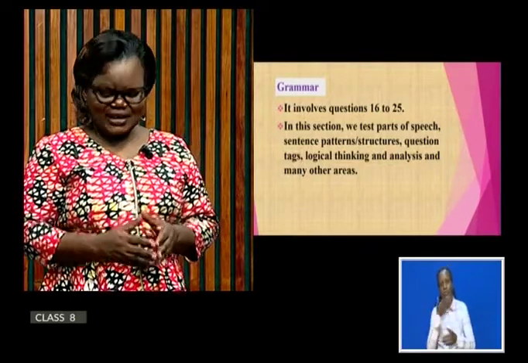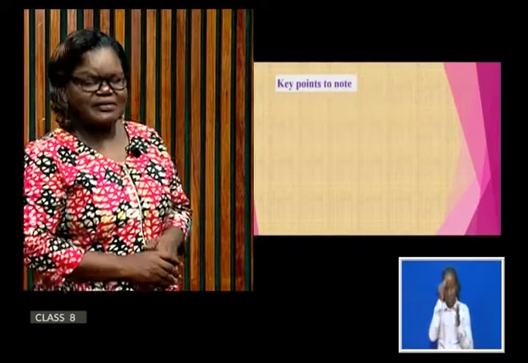So, Lana, you have to look at very important points before you start answering any questions. So, what are these important points that you have to look at before you answer any question? The first important point is to read the instructions given in each part.